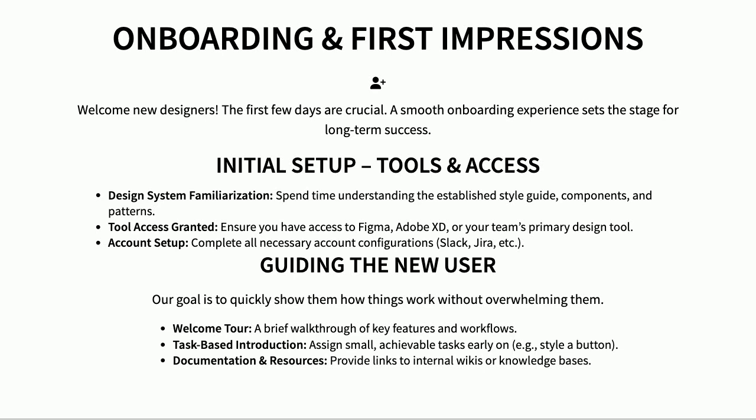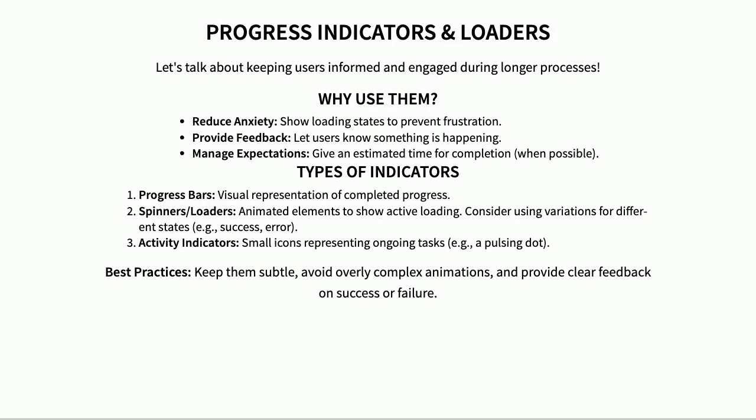Okay, let's dive into progress indicators and loaders. These are really important for a good user experience, especially when something takes a little while to load. They help users understand that their action isn't lost in the void and reduces any anxiety they might feel. We use them to show loading states, provide feedback on what's happening, and manage expectations about how long things will take.